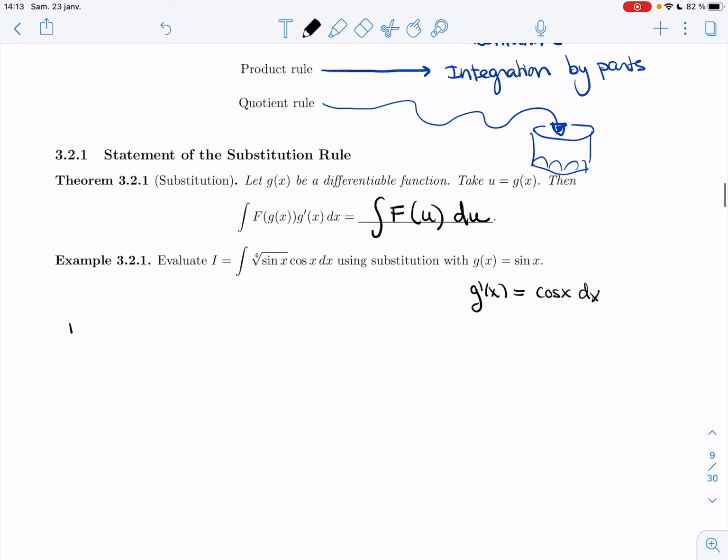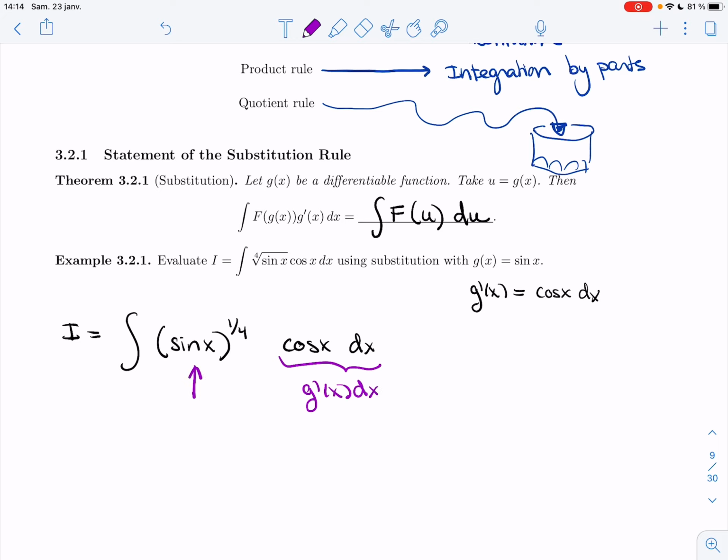All right, so let's see. My integral is sine of x to the 1/4 cos of x dx. So this entire thing here, that's g prime of x dx, and that's g of x to the 1/4.